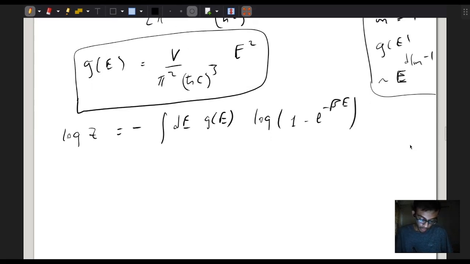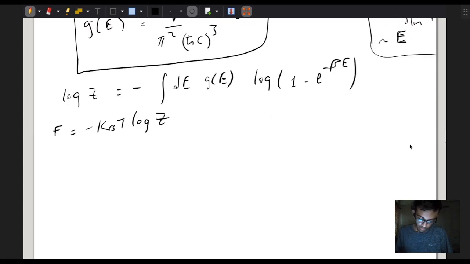Now the free energy is minus kBT log Z. So that's kBT times the integral, and let's also put in the density of states here.